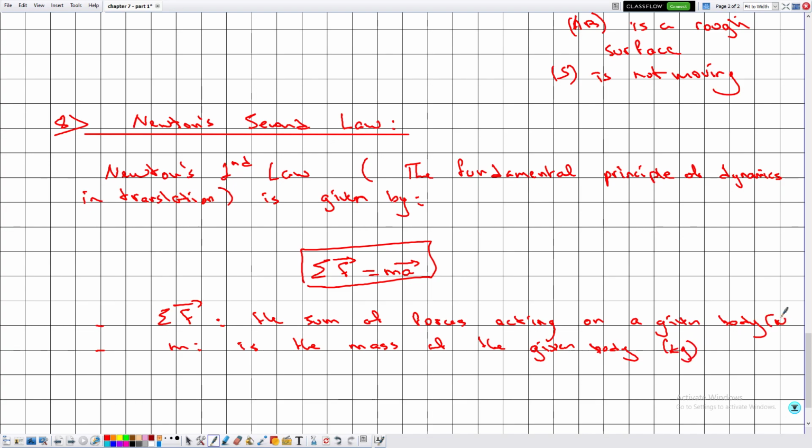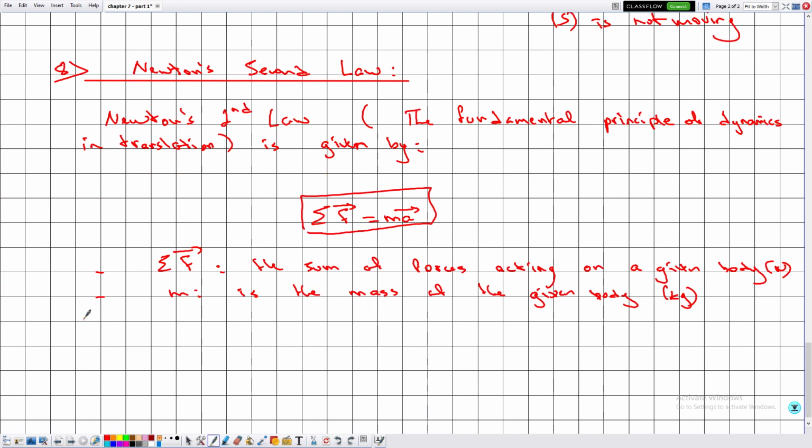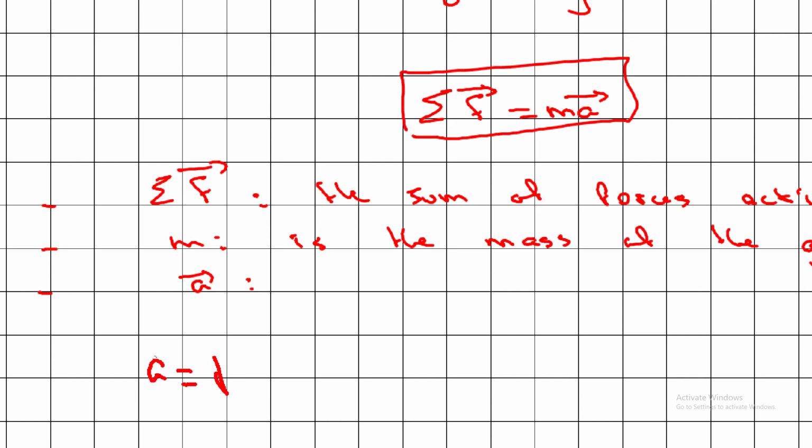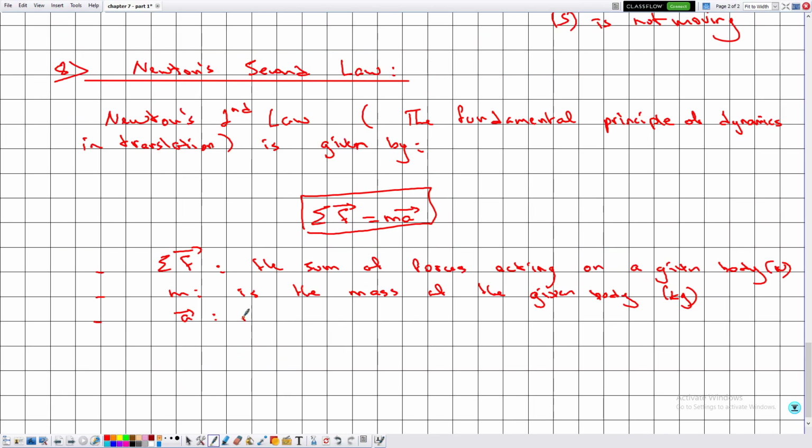Here this is Newton, and we know what is meant by A. A is the acceleration. For sure it is a vector quantity. If you are interested in the magnitude, then we can say that A is equal to the square root of ax squared plus ay squared. So it is the acceleration of the given body. For sure in the SI it's expressed in meters per second squared.